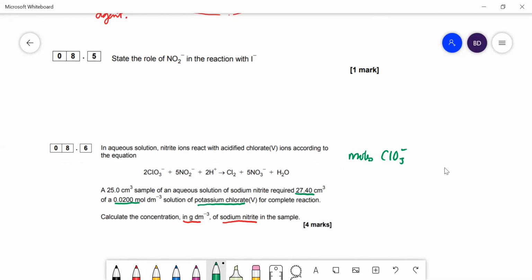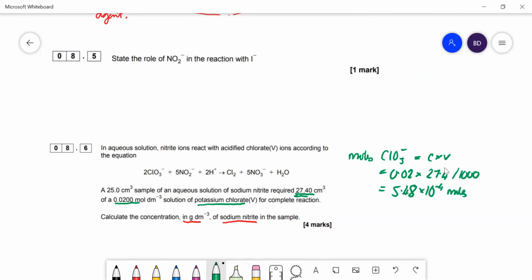So that's concentration times volume, that is equal to 0.02 multiplied by 27.4 over 1,000 because it's got to be in dm cubed. That gives us 5.48 times 10 to the minus 4 moles of chlorate.